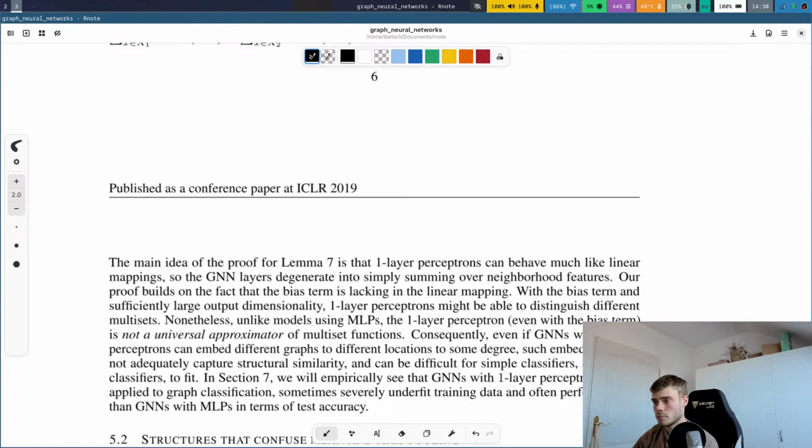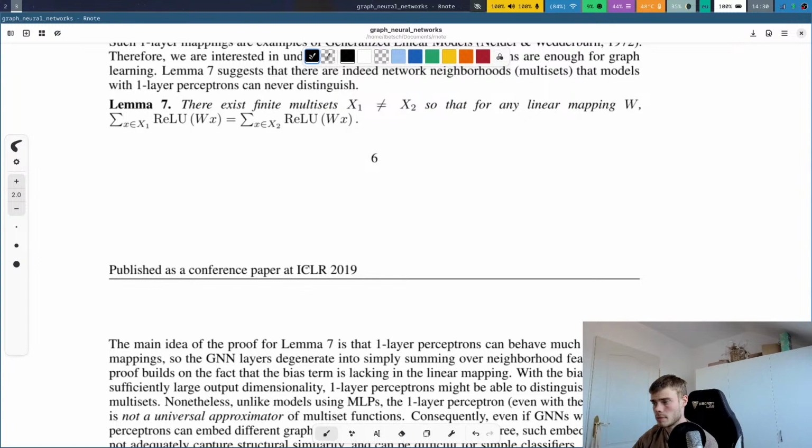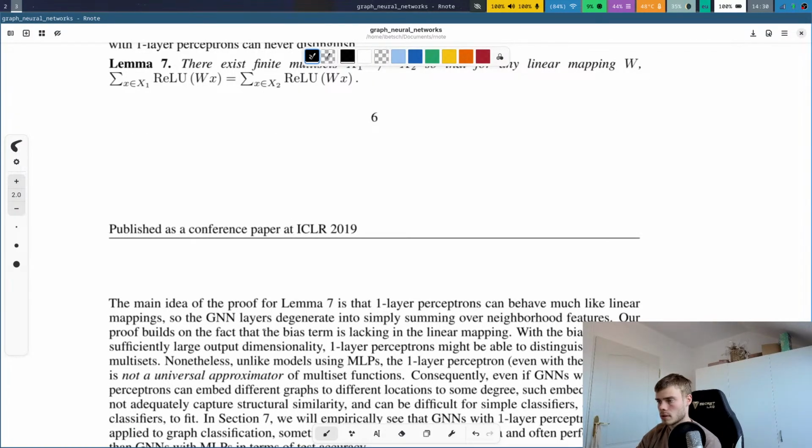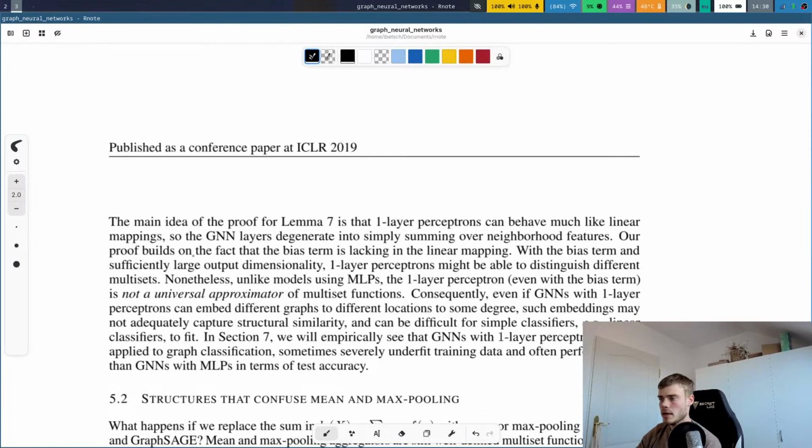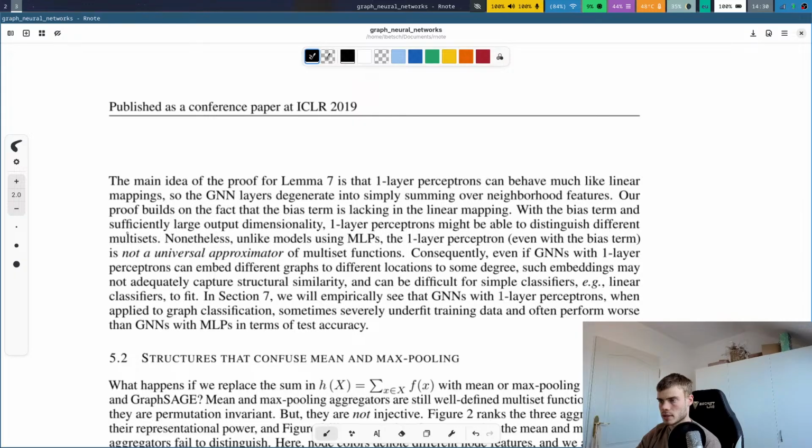The main idea of the proof for lemma 7 is that one-layer perceptrons can behave much like linear mappings, so the GNN layers degenerate into simply summing over neighborhood features. Our proof builds on the fact that the bias term is lacking in the linear mapping. With the bias term and sufficiently large output dimensionality, one-layer perceptrons might be able to distinguish between multisets.